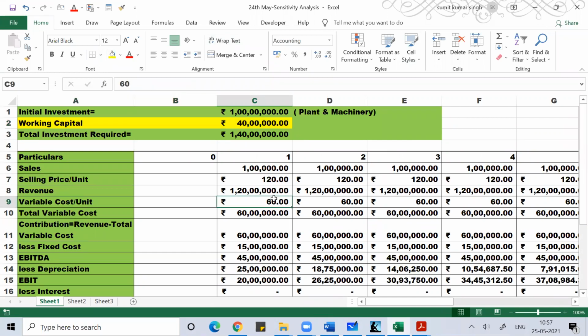Many times it will be given in the problem that every year 40 lakh rupees was your working capital, meaning you bought inventory. Here working capital probably means you bought an inventory of 40 lakh rupees. When the business started, you cannot simply start the business without inventory. I'm talking of a manufacturing setup. If I'm a teacher and I start a coaching institute, then inventory is my knowledge only.